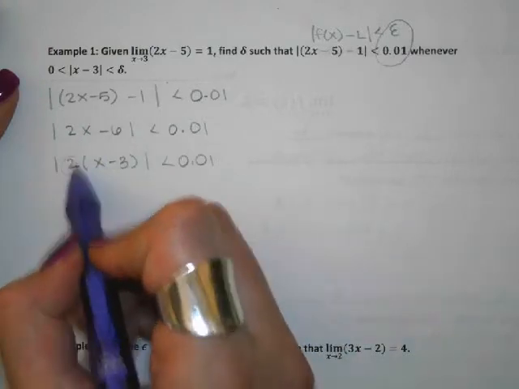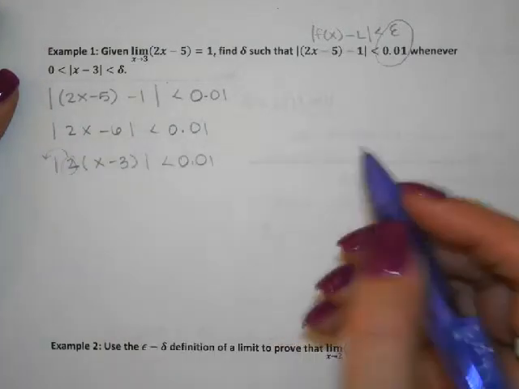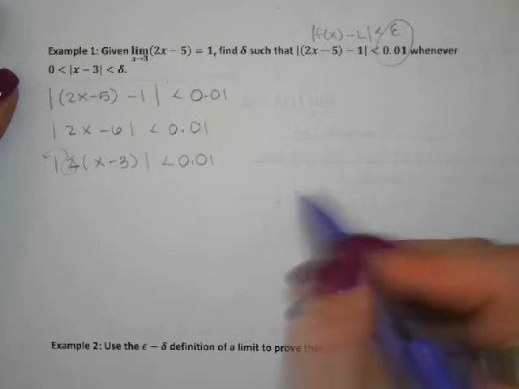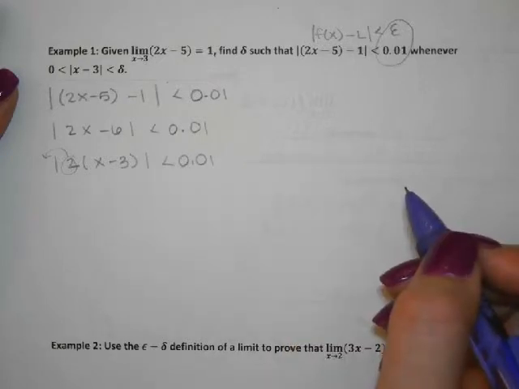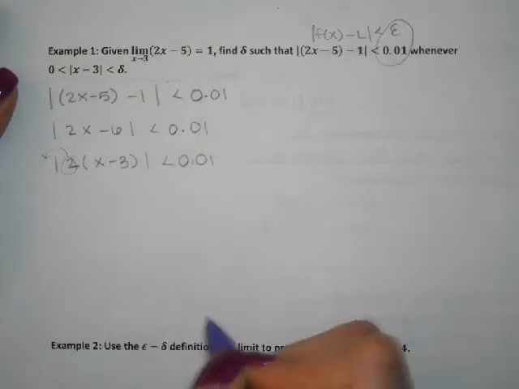And I can take this 2 and pull it outside of the absolute value because it doesn't make a difference. All right? Is that a frown because we're confused or just not sure why we can do that? If it was negative, you could still pull it out. You just pull out the positive version because it would affect the number the same way.